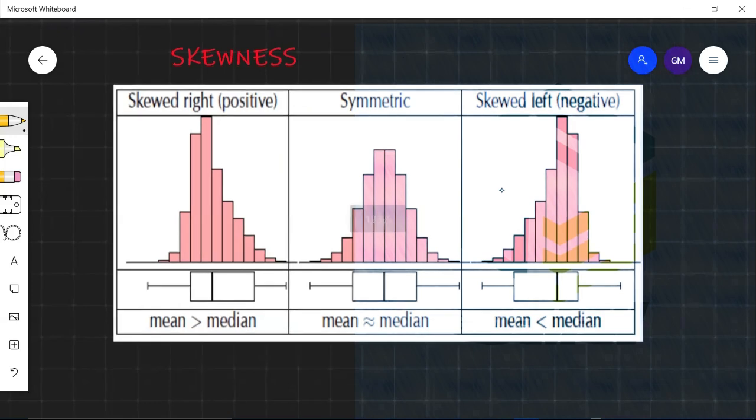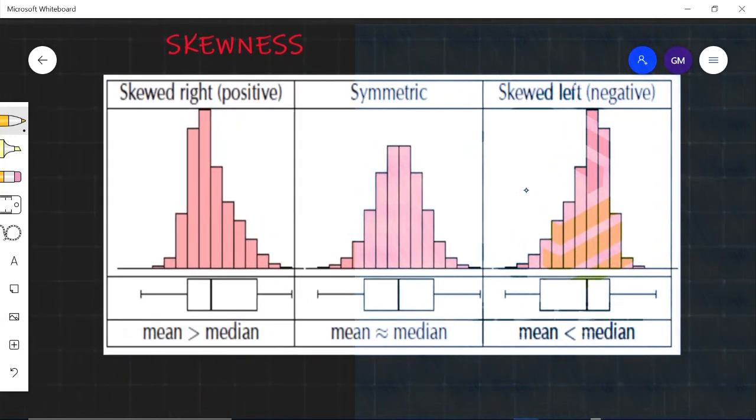If the data is skewed positively and you are looking at a histogram, which they can give you to ask for skewness, what you are looking for is a long tail. You see that the tail is longer on the right, so the data is skewed to the right.